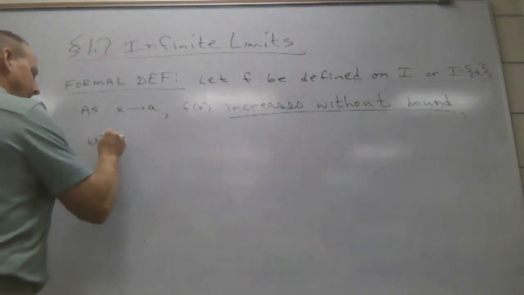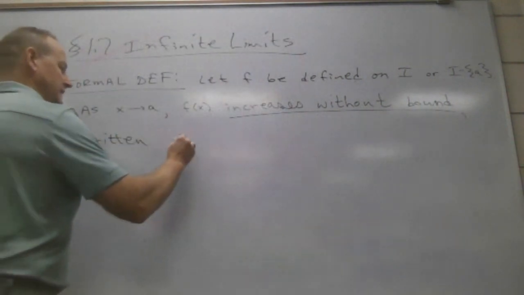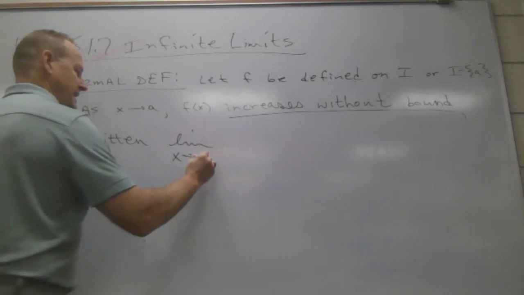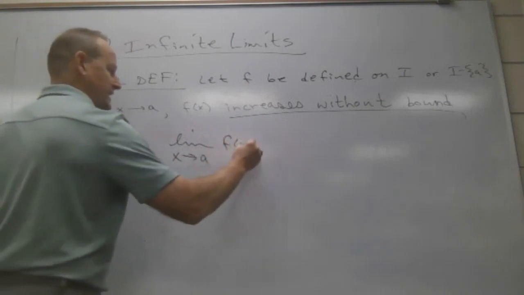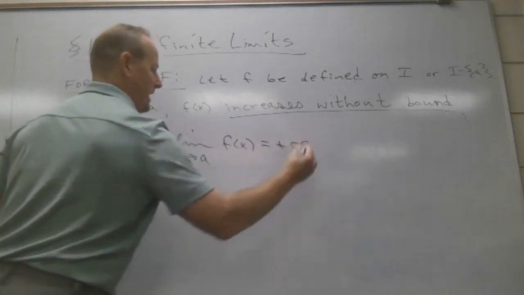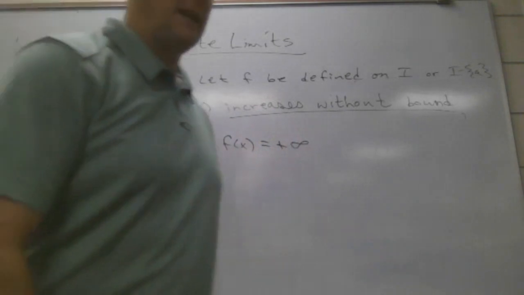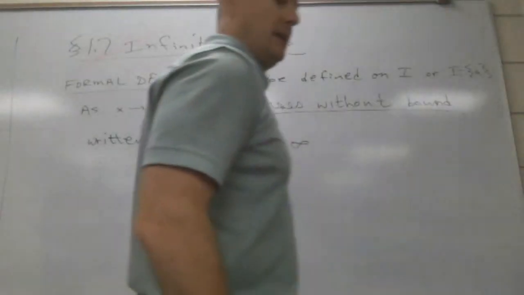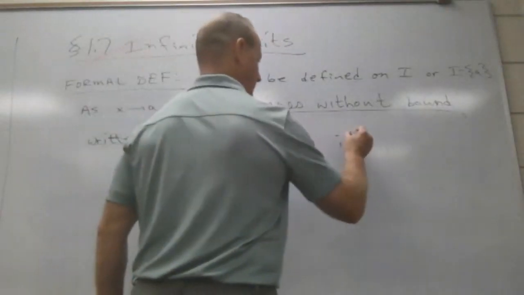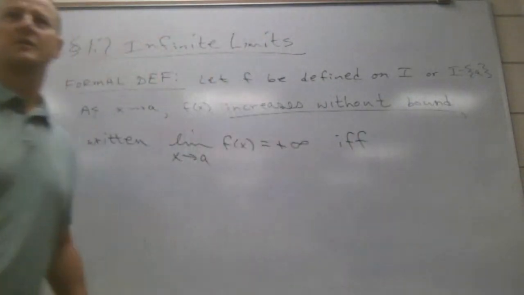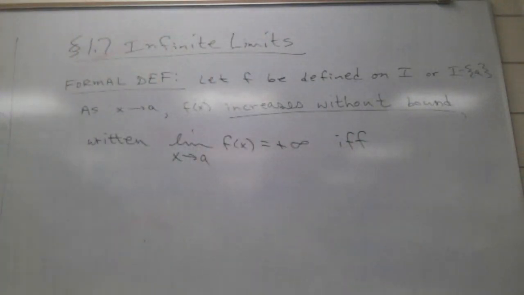Written, how do we write that? The limit as x approaches a, in this case from both sides, of f of x equals positive infinity, if and only if. Okay, now what? So instead of what we did before, for all epsilon greater than 0, where epsilon was a tiny number around which axis?